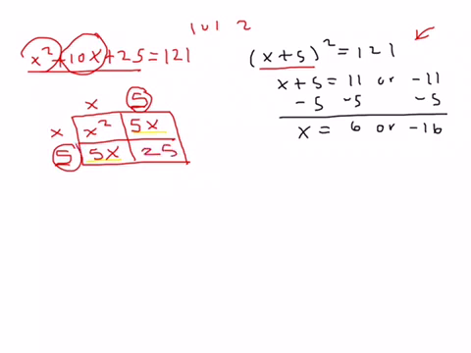I get 25. And guess what? That's this. Let's put some positive signs in here to indicate that. We can check and make sure we got everything: this takes care of the x squared, 5x plus 5x takes care of the 10x, and the 25 takes care of the 25.